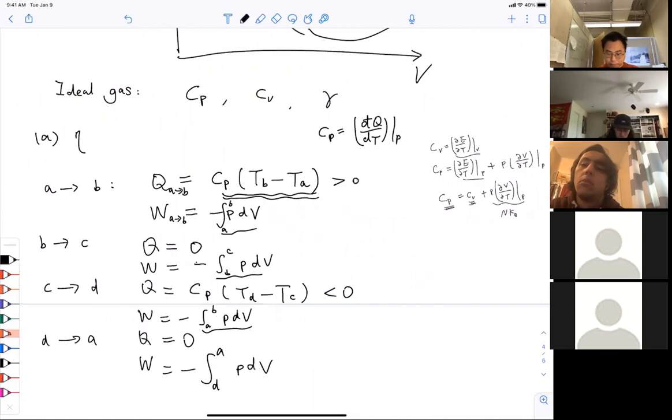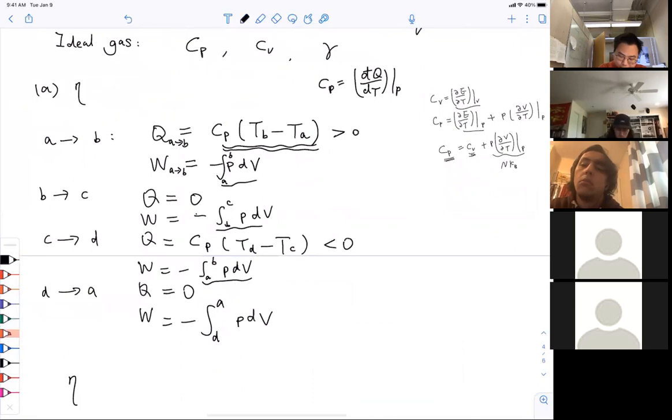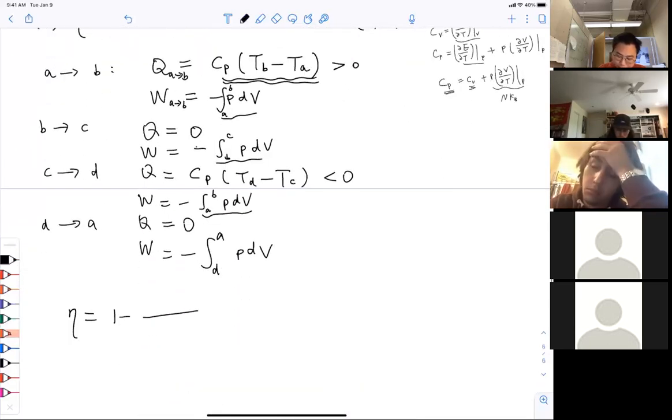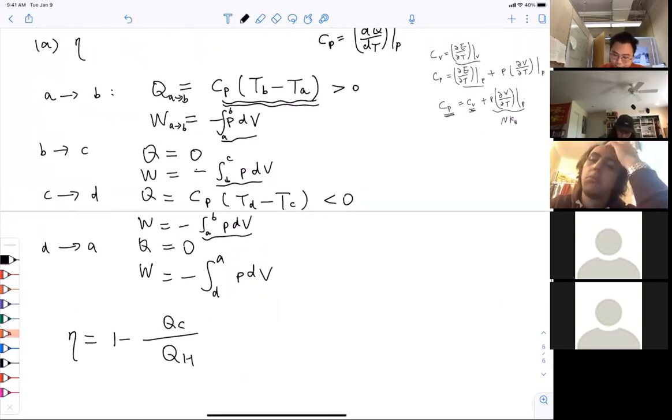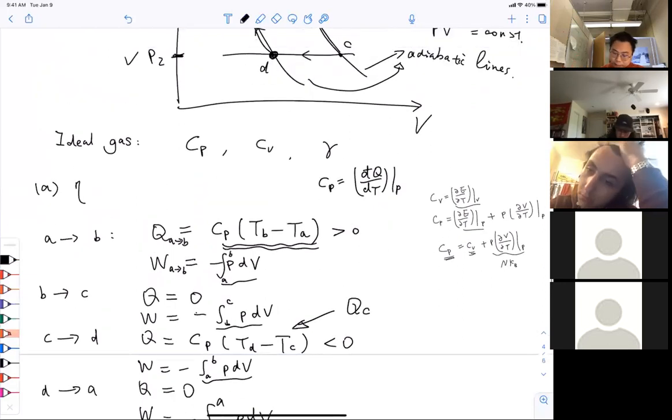Yes. So what is the efficiency? The efficiency is given by what I wrote down before: 1 minus QC over QH. Now what is QC? Remember QC should be this guy. QC is the heat released by the system to the cold reservoir, and this should be QH.